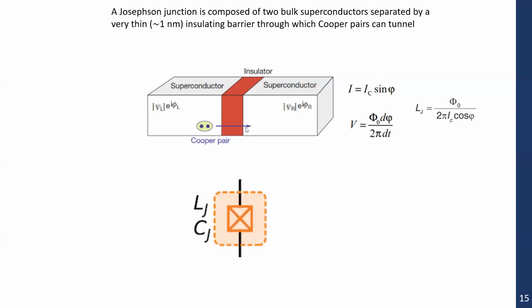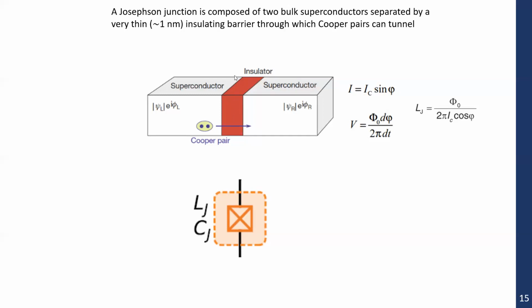In terms of graphic representation on schemes, this Josephson junction is represented as an element like this. It's a rectangle with a small cross inside, and this element, of course, gets the inductance as we discussed.